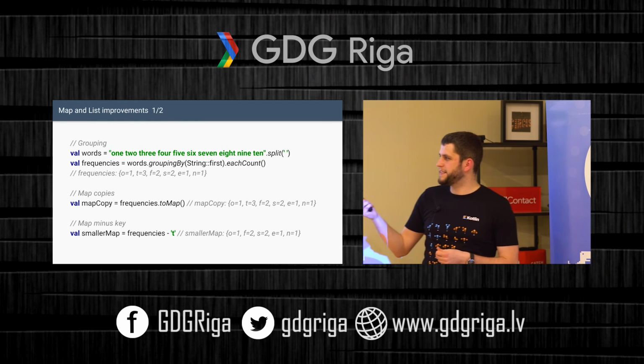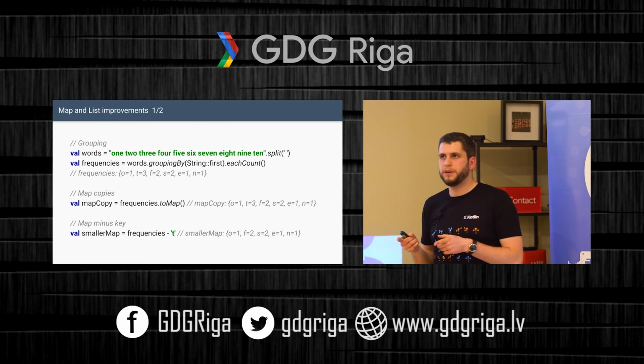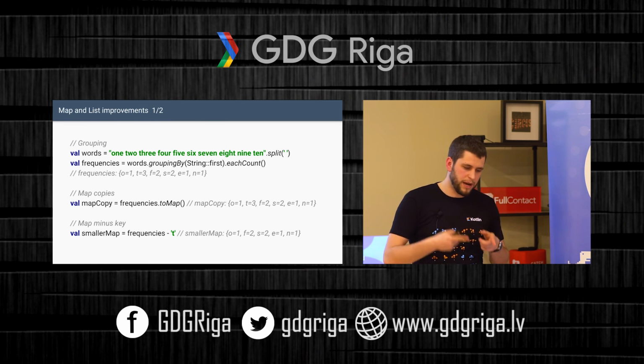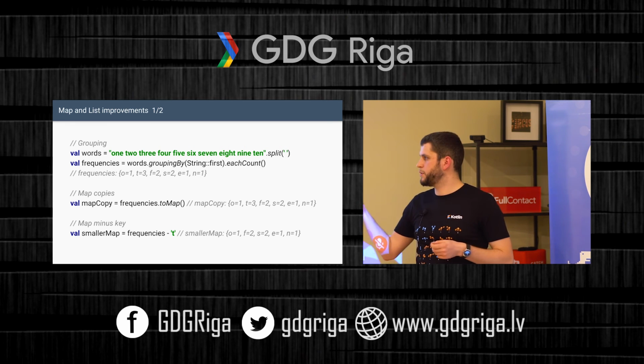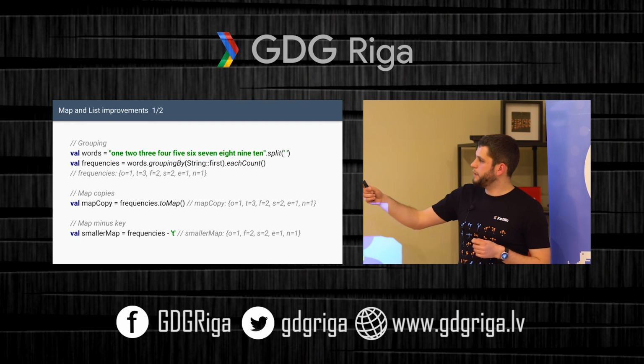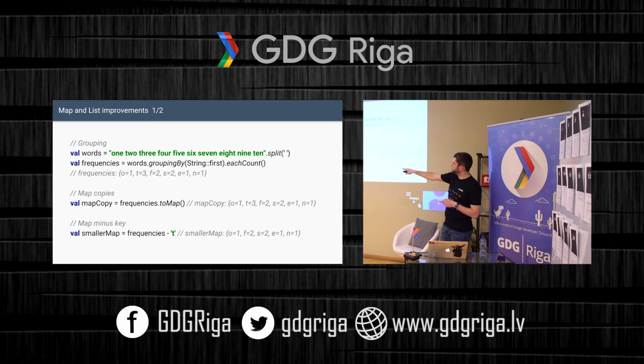They have finally added a minus. What that does is return a copy of the map without the element that you said you don't want. For example, here it returns a copy of the frequencies map without the key t. So it removes that, and the collection is a bit smaller.